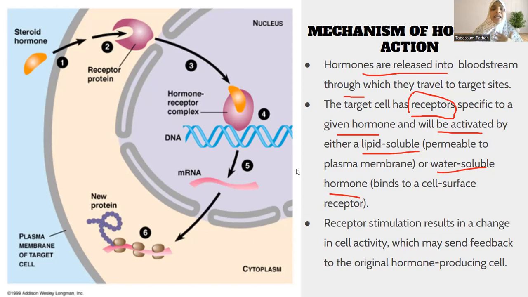So the change in the activities will lead to the effect of that hormone, and then also there will be a feedback mechanism. The cell will send the feedback to the original hormone producing gland or tissue to stop producing the hormone if it is in sufficient amount, or to produce more if it is in deficient amount.